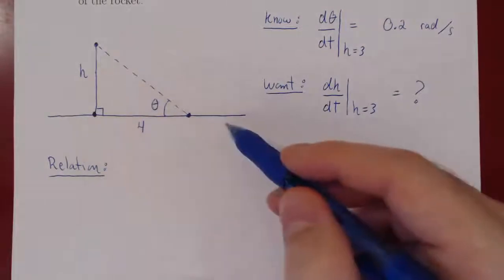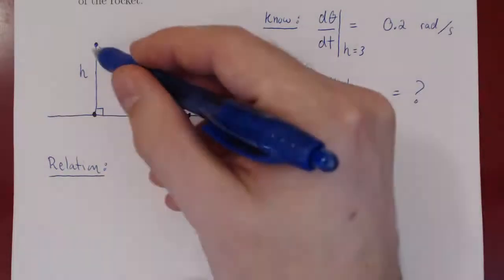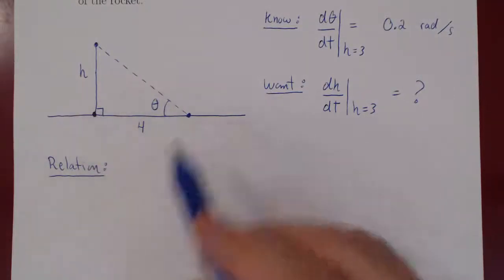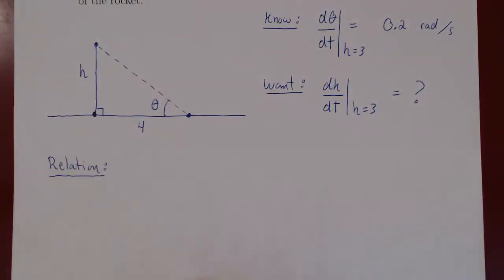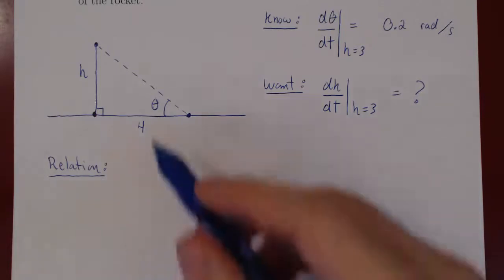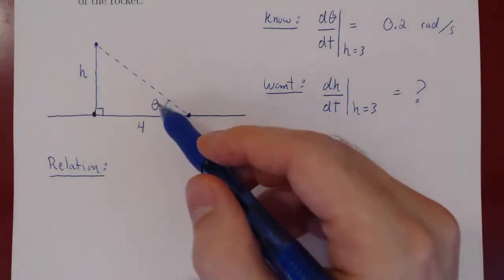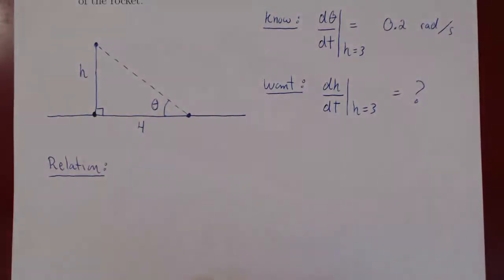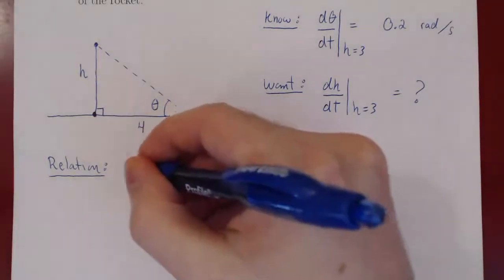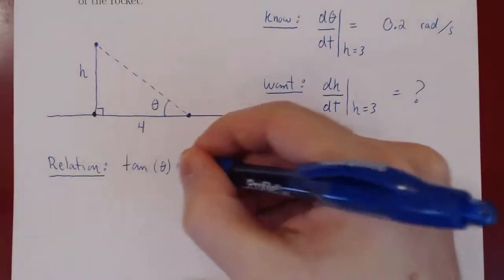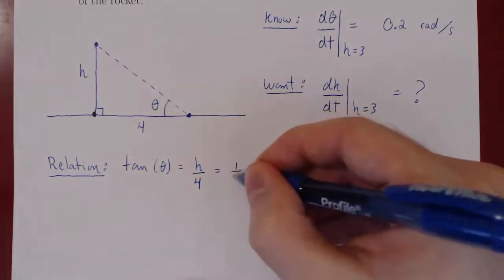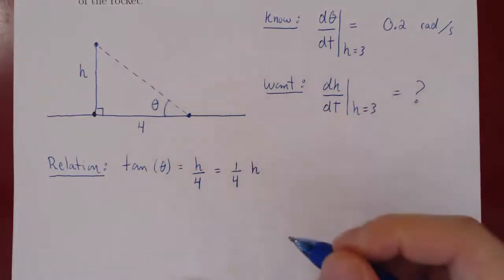We have the angle, the opposite side is h, the adjacent is 4. The trigonometric function connecting the angle of a right triangle with the height and the base is the tangent function. So SOHCAHTOA, tangent is opposite over adjacent. So tangent of theta is equal to h over 4, or if you prefer, 1/4 times h.